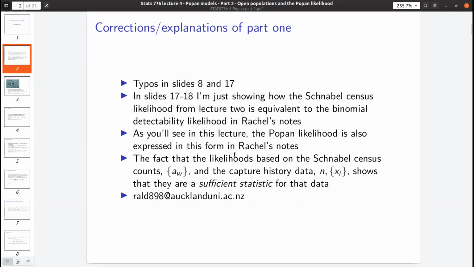Also, the fact that those likelihoods are actually equivalent shows that the Schnabel census counts are a sufficient statistic for the capture history data. So that's an interesting case there.